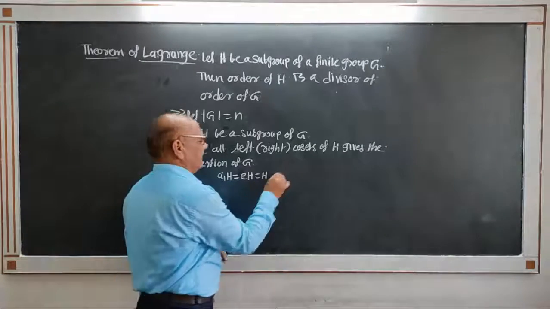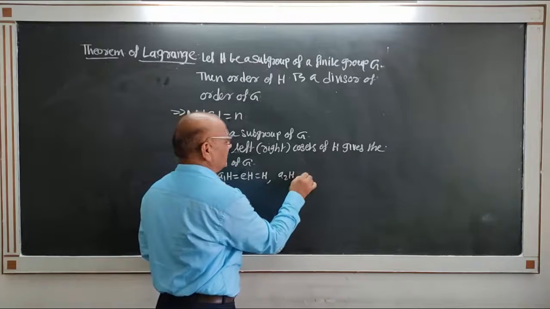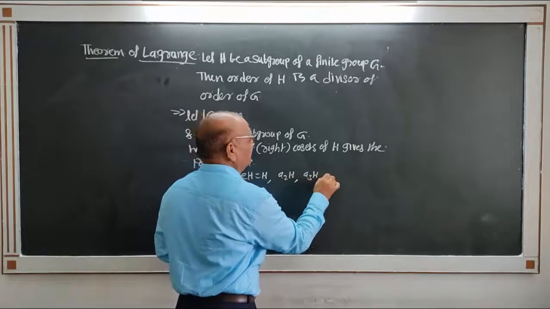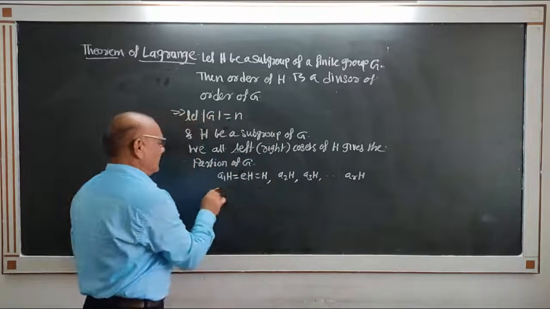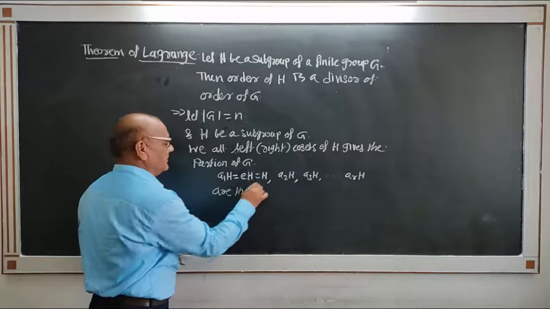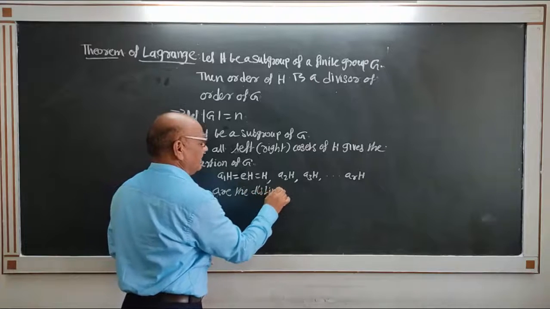Second A2H, A3H and so on, ARH are the distinct left cosets.